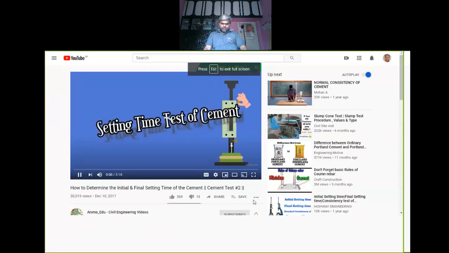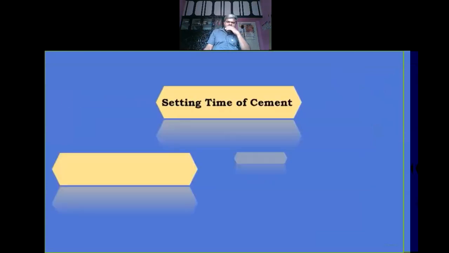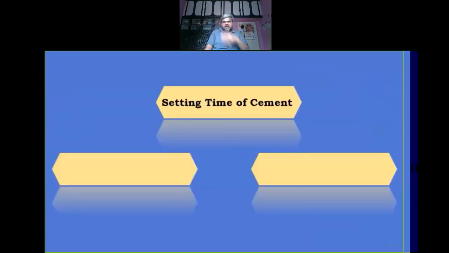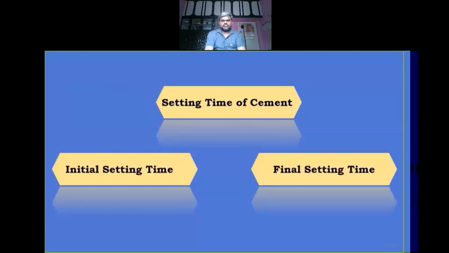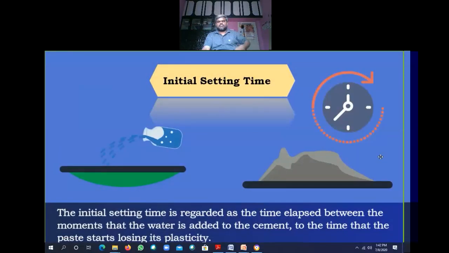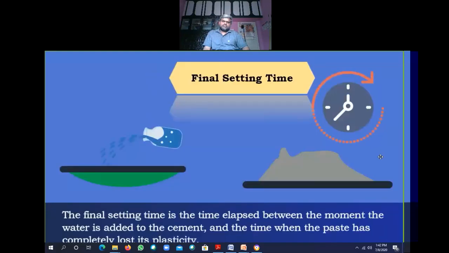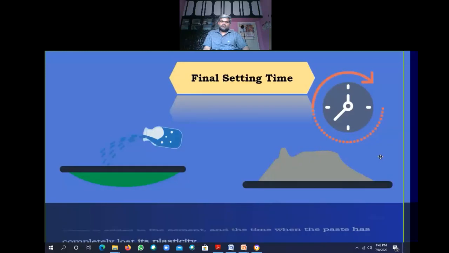Setting time test of cement. Generally, an observation has been made for the setting time of cement as initial setting time and final setting time. The initial setting time is regarded as the time elapsed between the moment water is added to the cement and the time that the needle starts to lose its plasticity. The final setting time is the time between when water is added to the cement and the time that the needle completely loses its plasticity.